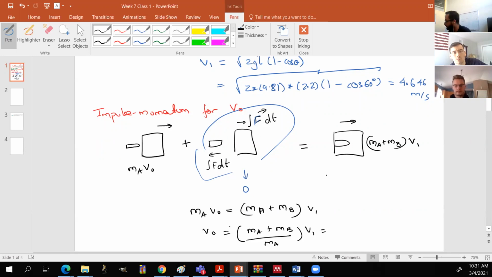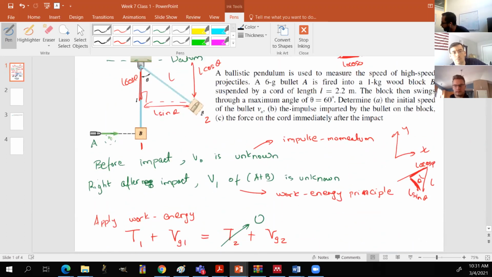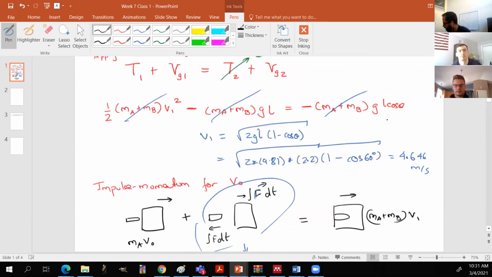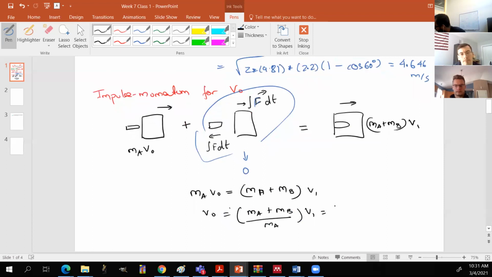So this just turns out to be: the masses are 6 grams and 1 kilogram. Mass A is 0.006 kilograms. Is that right? 6 grams, yep. Plus 1, divided by 0.006. That times V1, which is 4.646.